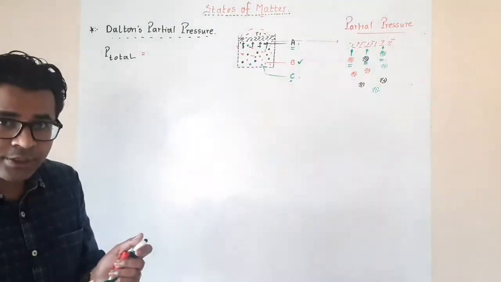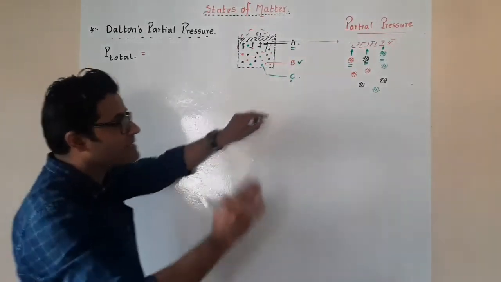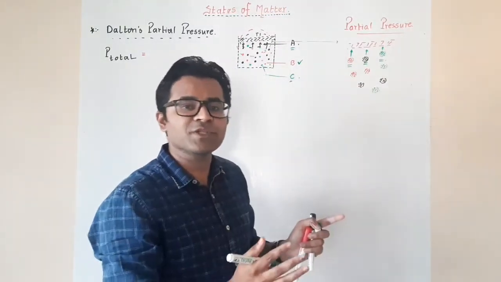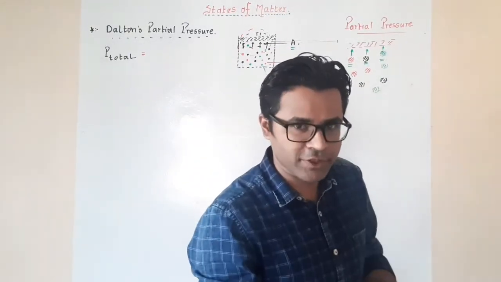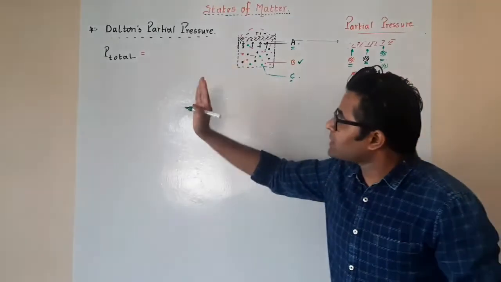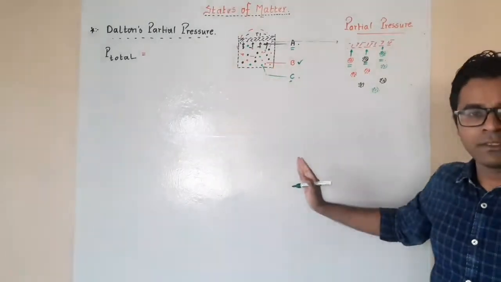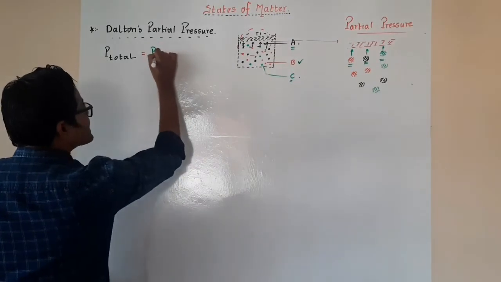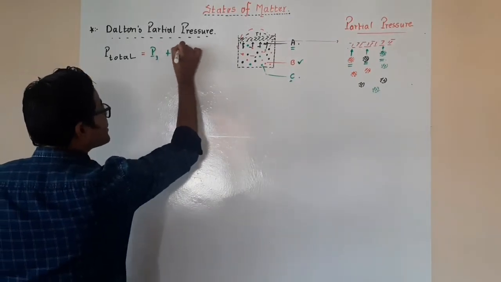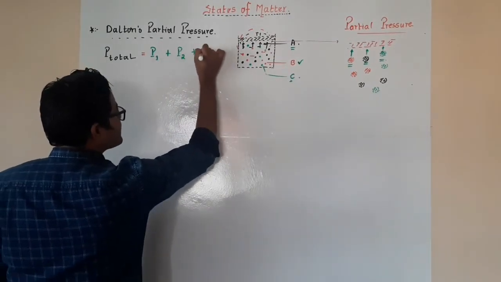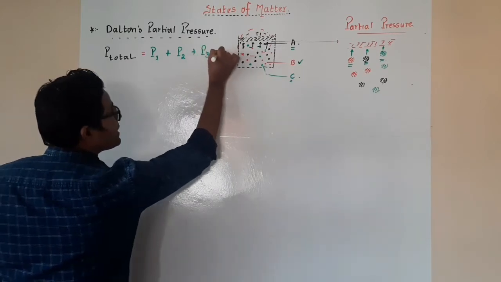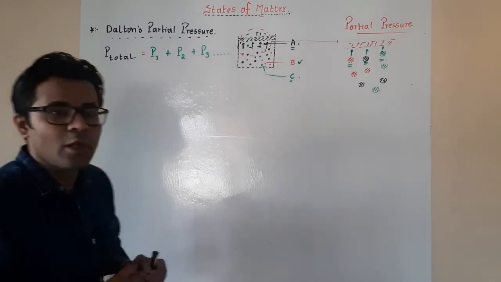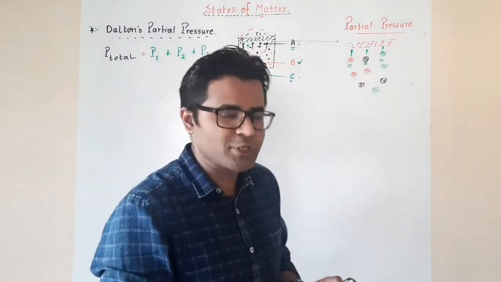So, the total pressure is equal to the pressure exerted by the individual molecules, provided these gaseous molecules are non-reactive in their nature. Therefore, according to the Dalton's law of partial pressure, the total pressure is equal to the pressure exerted by the individual gases, that is the partial pressure of individual gases. And that is called the Dalton's law of partial pressures.